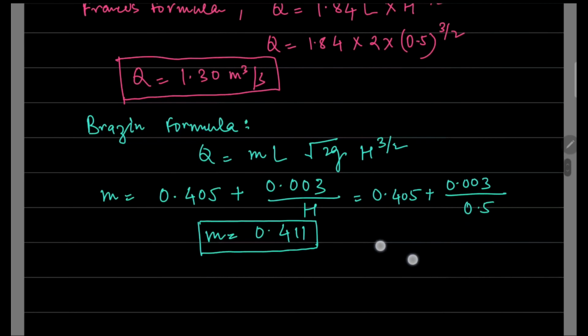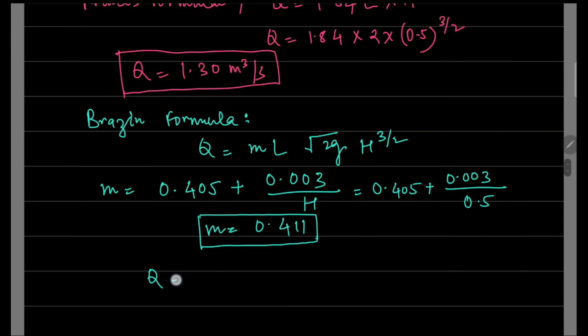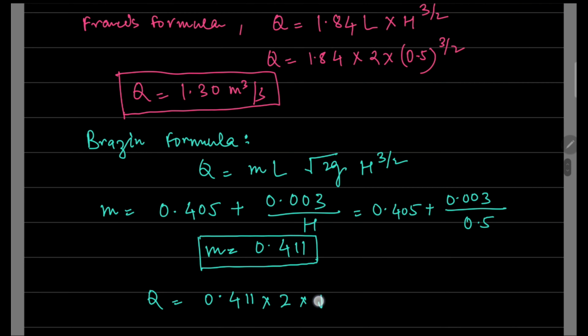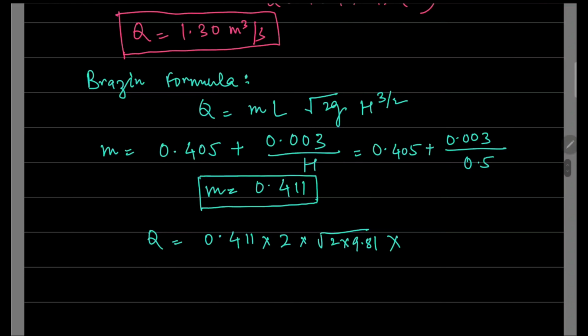Now we will figure out the Q value. So Q is equal to 0.411 into L is 2 meter, and then under root 2 multiplied by 9.81 multiplied by 0.5 raised to the power 3 by 2. So Q will come out to be 1.287 meter cube per second.